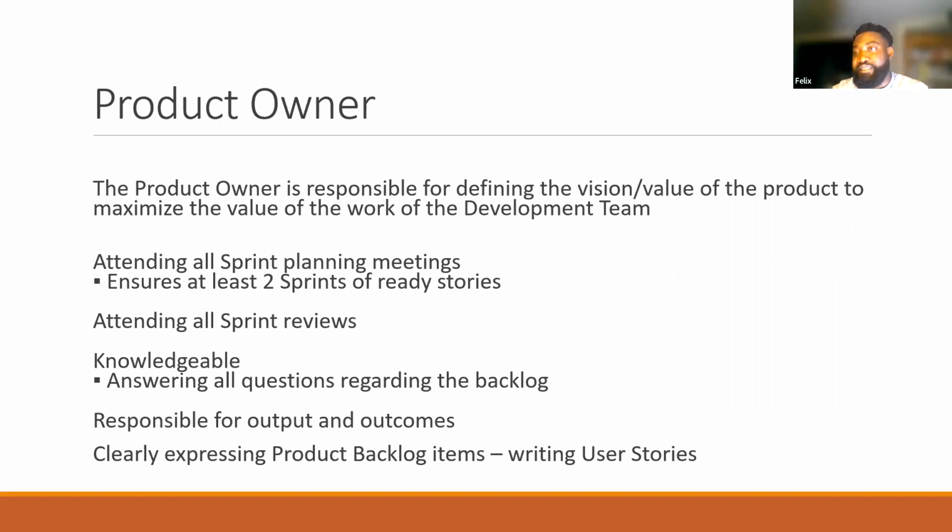The product owner attends all sprint planning meetings and also ensures that we have at least 2 sprints of ready stories. If you recall, when I was talking about the Scrum Master responsibilities, I spoke about backlog refinement sessions. If you have these refinement sessions, it would ensure that you have at least 2 sprints of ready stories.